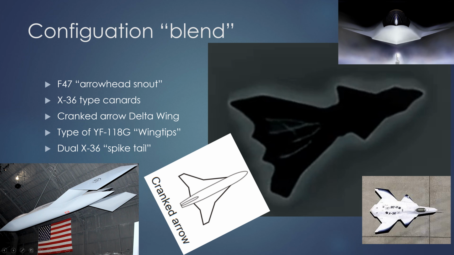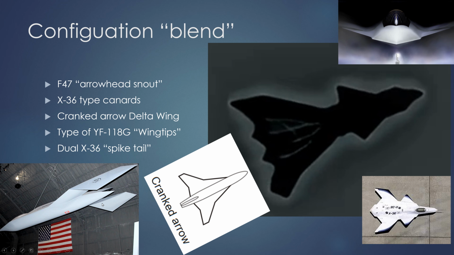Combined, shape-wise, with an X-36 type of canard configuration and a cranked arrow delta wing basic design here, with a bit of curvature in the front and these rear, let's say, appendages.